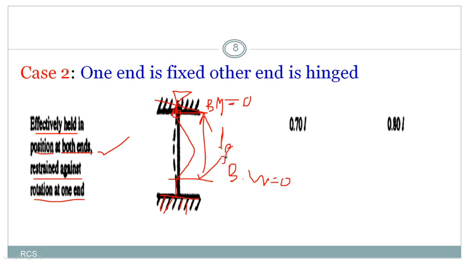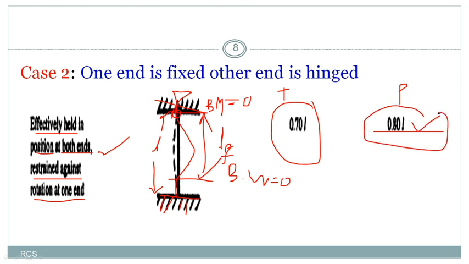This is the L effective, and this is your unsupported length. According to code, to calculate L effective, it is 0.7 times the unsupported length. This is a theoretical value, but practically IS 456-2000 suggests you provide 0.80 times the unsupported length as the effective length for this case.